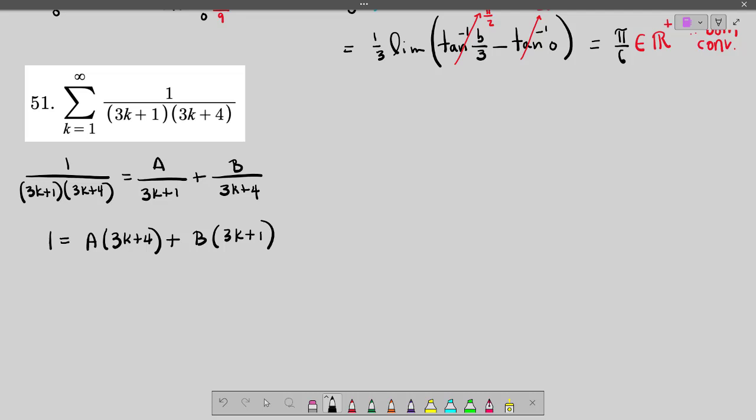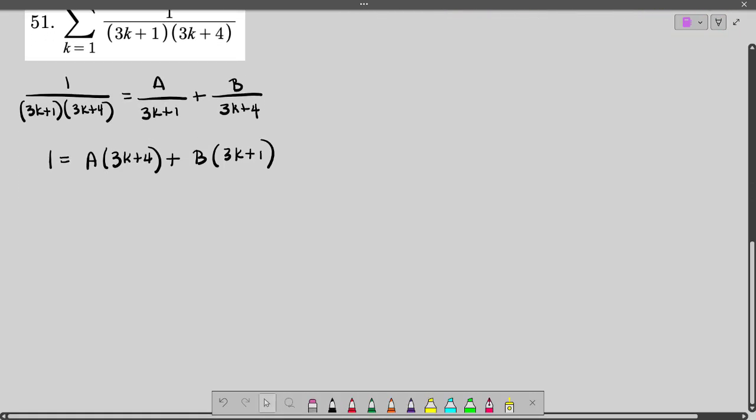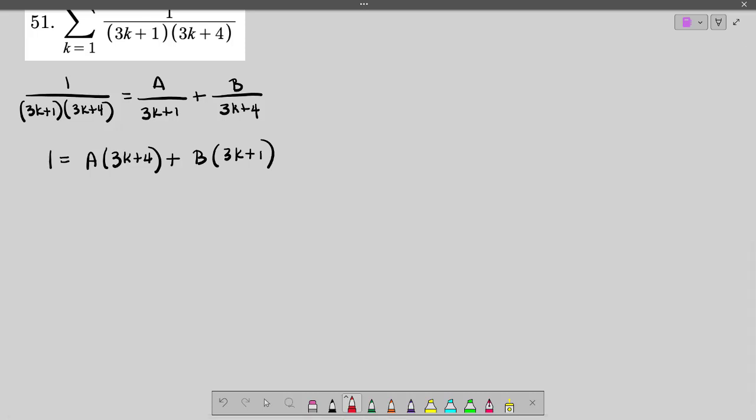Both of these denominators are linear, so we can use the convenient value method. What is the convenient value for this denominator right here? What makes that 0? Negative 1/3, yeah.